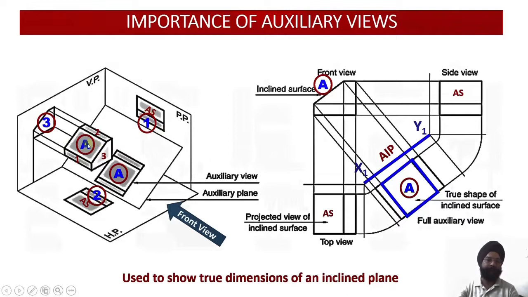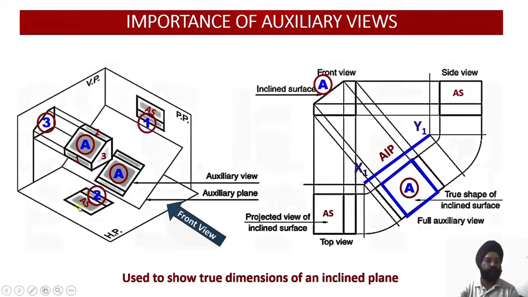But the problem lies here as well regarding surface A, because surface A is not represented appropriately on the profile plane, because it is also inclined to the profile plane. So since surface A happens to be inclined to the profile plane, its projection on the profile plane will appear to be shorter or reduced, and that is why we call the surface as apparent shape.